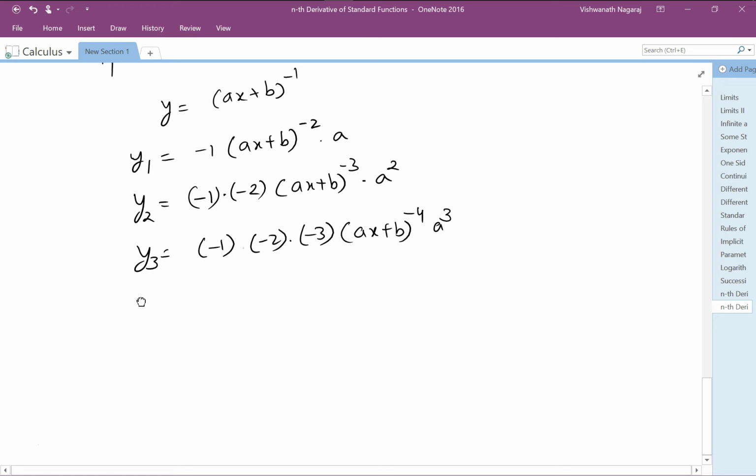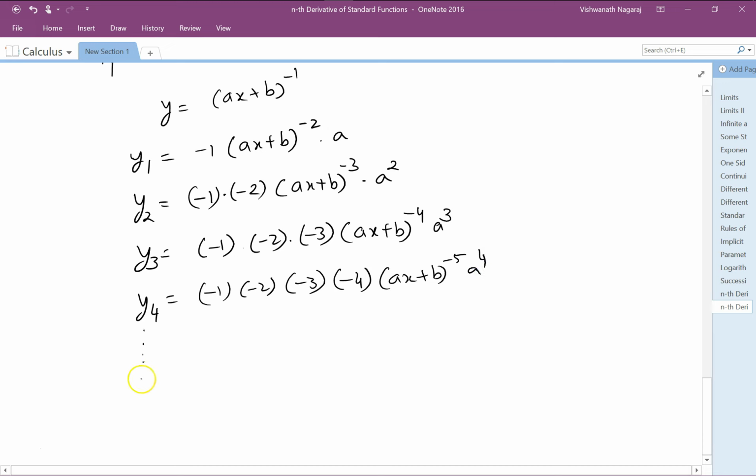Let's add one more step. y4 is equal to minus 1, minus 2, minus 3, minus 4, (ax plus b) to the power of minus 5, a to the 4.